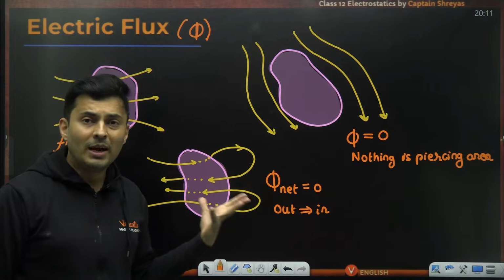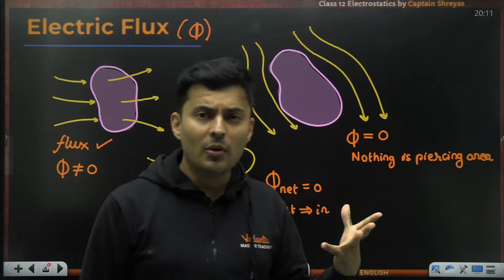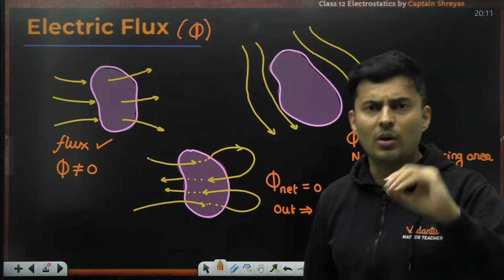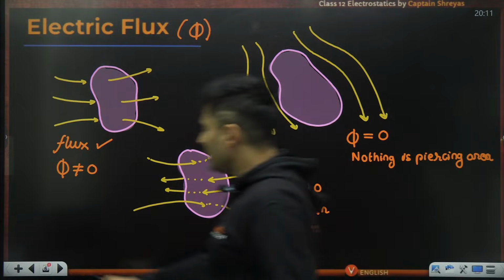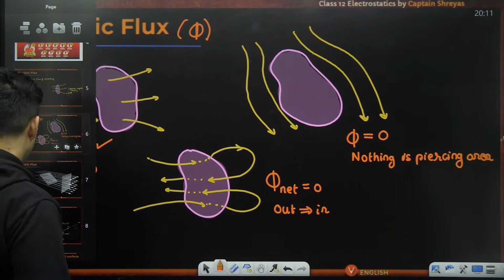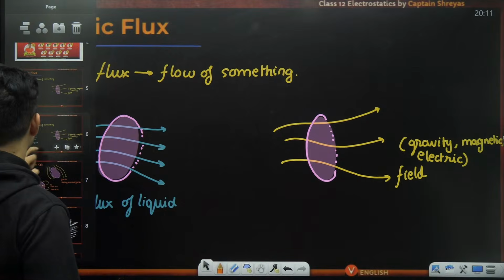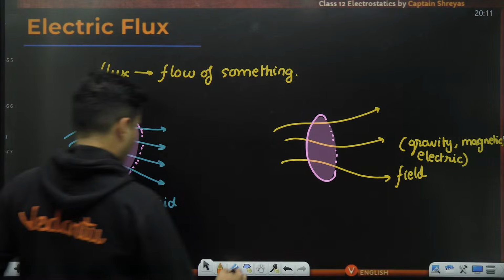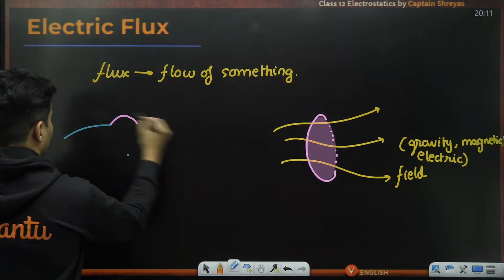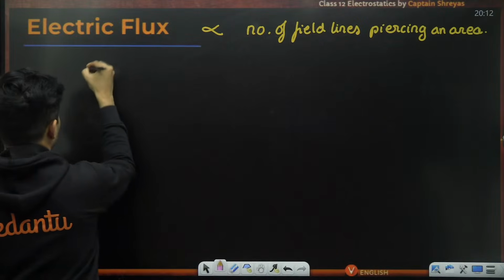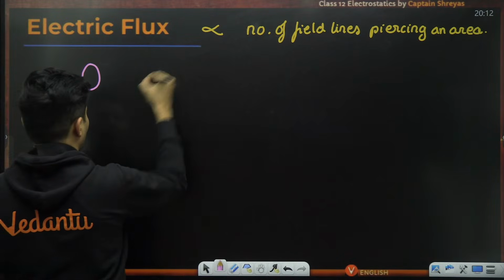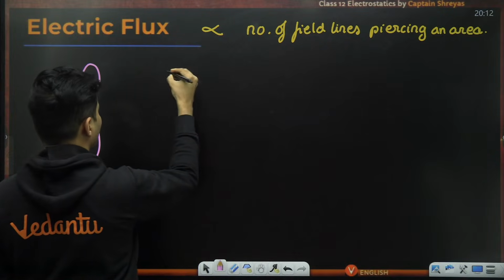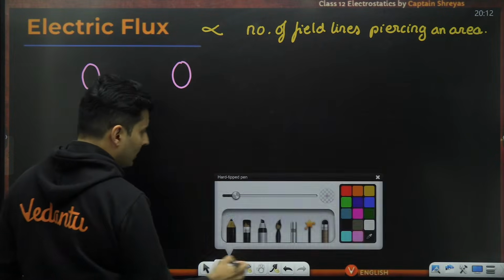So now you might be getting an idea of how flux can be there or not there. In general, I can say that I have a small area versus a big area, with the same field lines, or more number of field lines.